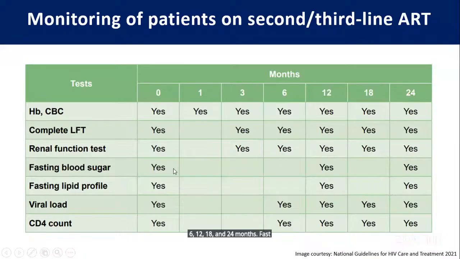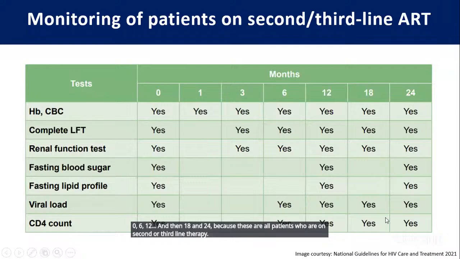Fasting blood sugar 0, 12, 24 months. Fasting lipid profile 0, 12, 24 months. Viral load, as I said, 0, 6, 12, and then 18 and 24, because these are all patients who are on second or third line therapy. Viral load, CD4 similarly.